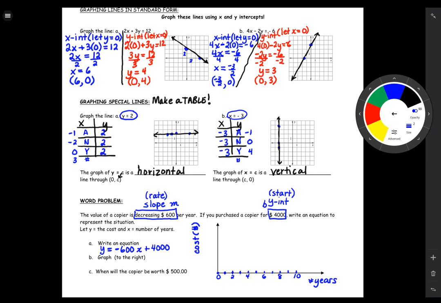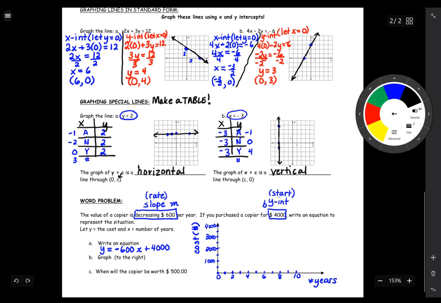And we know it started at 4,000, so we can go by 500s and say 500, 1,000, 1,500, 2,000, 2,500, 3,000, 3,500, 4,000. So this will be 4,000. This will be 1,000, 2,000, 3,000, and there you have it.